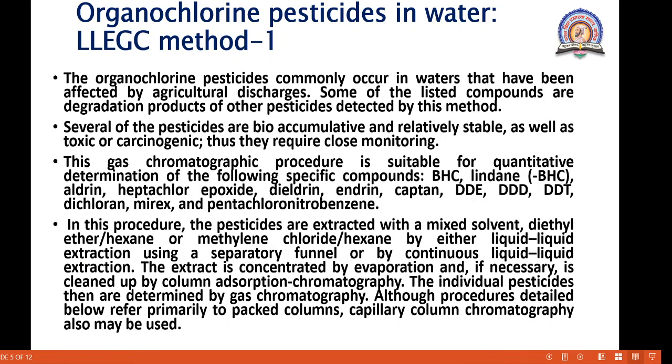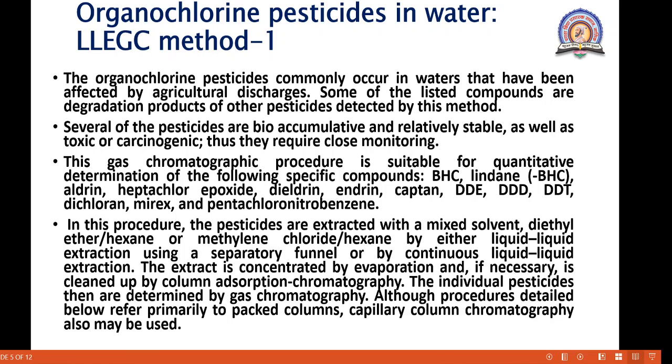Then the second point is organochlorine pesticides in water. It is also detected by this technique, the liquid-liquid extraction gas chromatographic method. Organochlorine pesticides commonly occur in waters that have been affected by agricultural discharges. Some of the listed compounds are degradation products of other pesticides detected by this method.